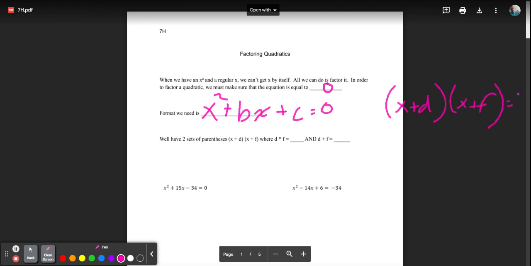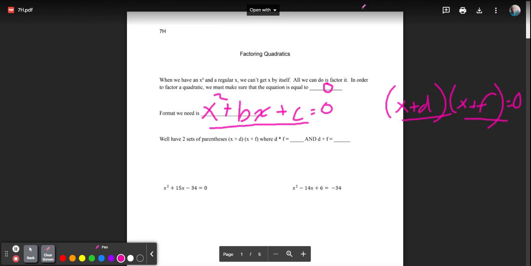And those two parentheses are going to multiply to 0. Because again, all we're going to do is take this x squared plus bx plus c and factor it into two separate parentheses right here.